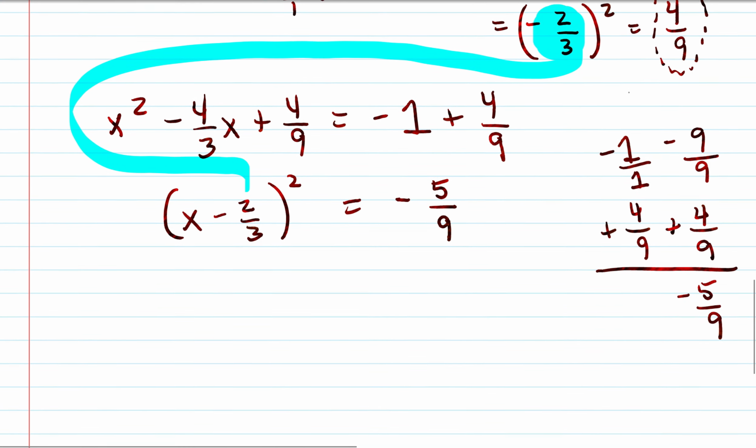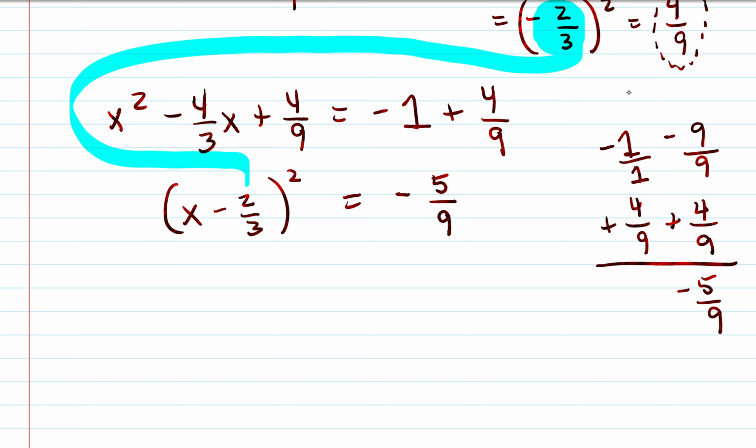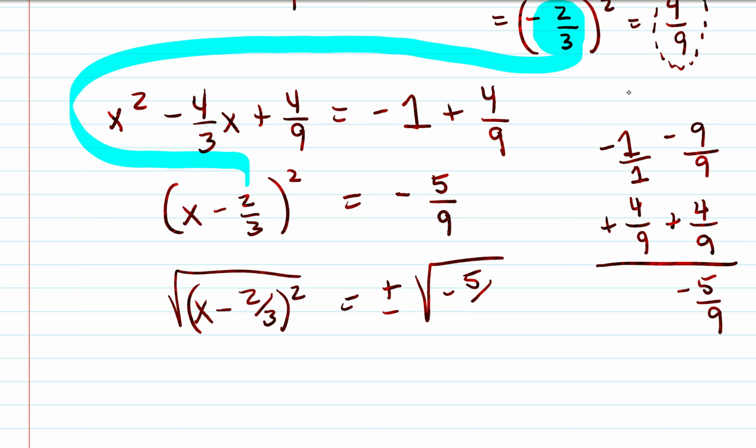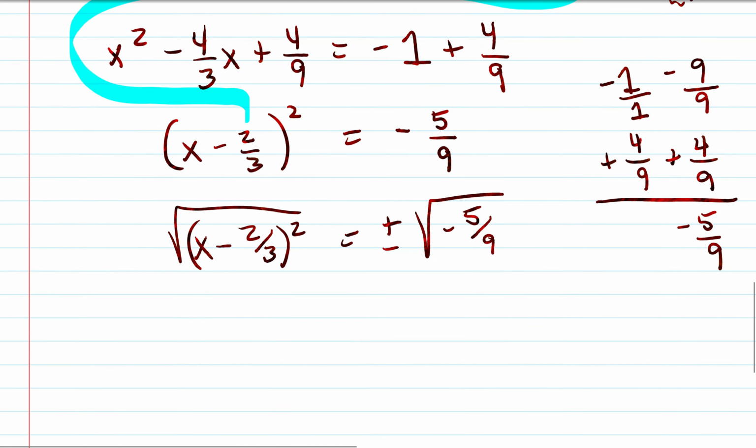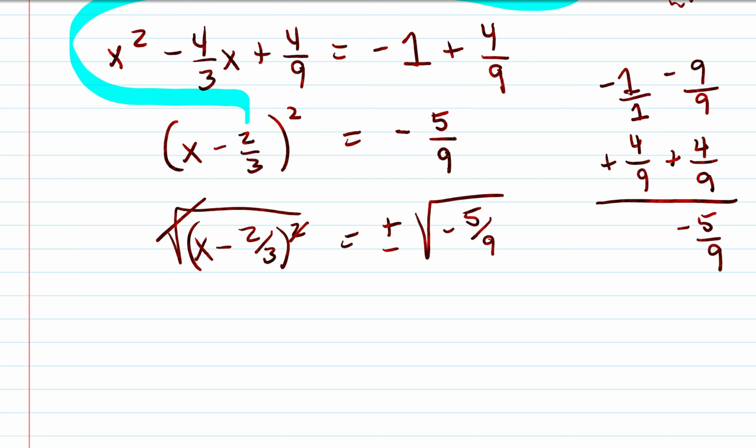Okay, so the next step is to apply the square root property. So we square root both sides, plus or minus square root of -5/9. When we square a square root, they're inverses, so they cancel each other. So x minus 2/3 equals plus or minus.